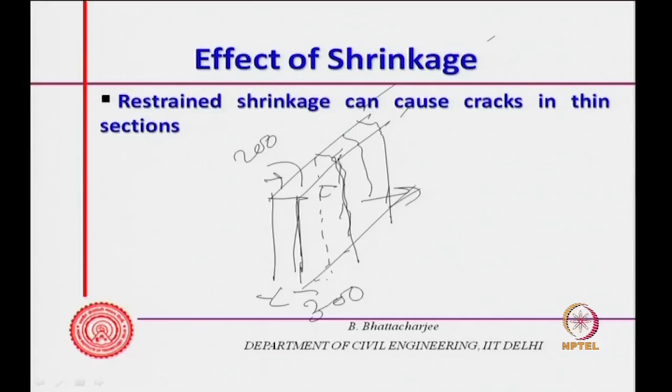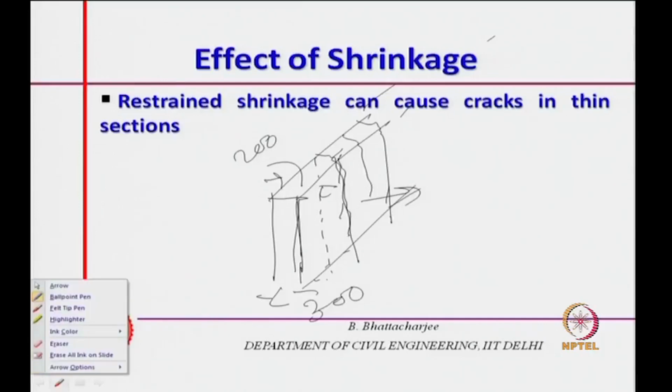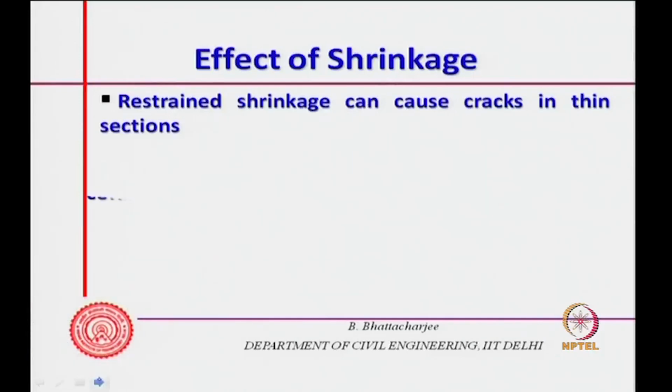This is a phenomenon seen in northern India, especially when you cast the concrete around May, June, when relative humidity is very low, 10 to about 40%, and if the curing is not done properly, this can result in cracking. These drying shrinkage cracks you see normally within 2 to 3 months of construction; that is fairly common.